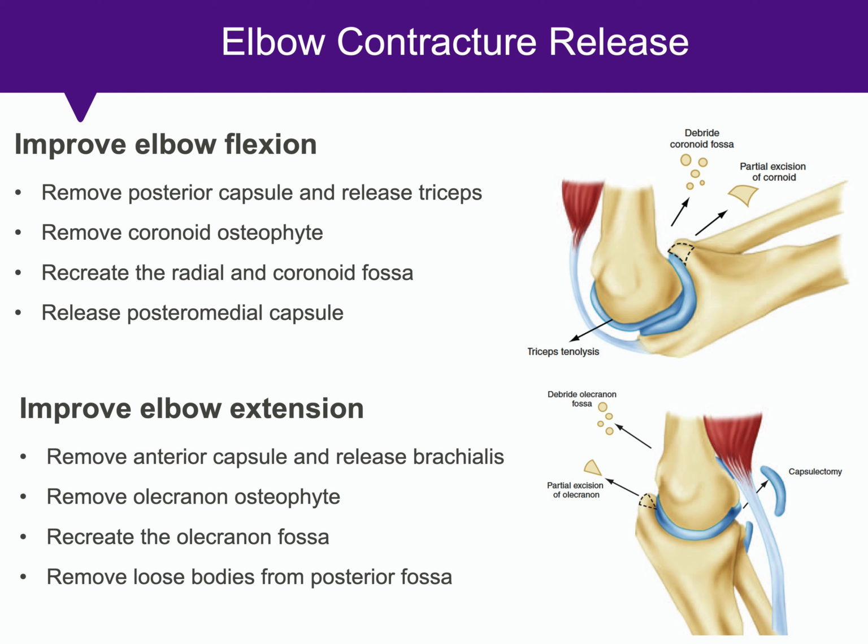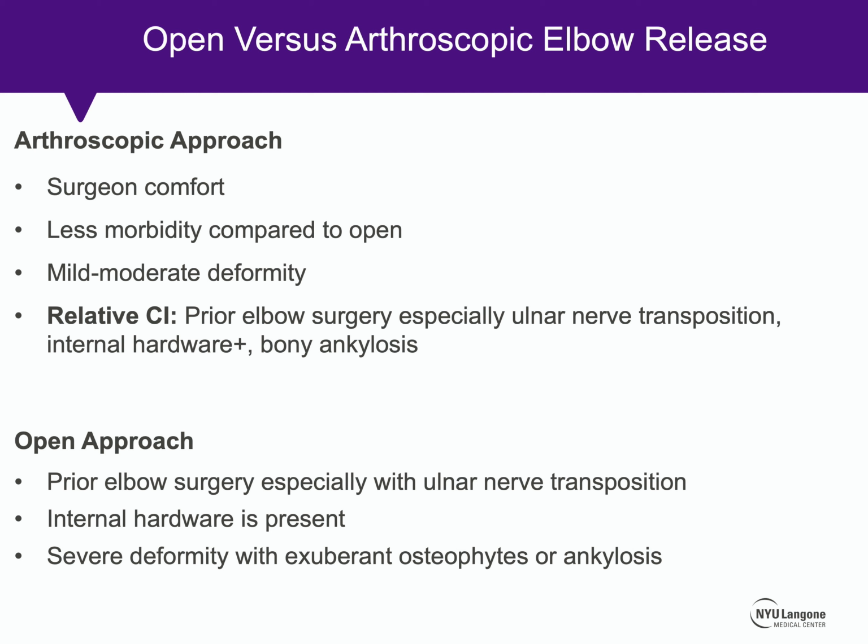So the elbow release can be done either open or arthroscopic or combined. Arthroscopic approach depends more on surgeon's comfort. Definitely it has less morbidity compared to open and is particularly suited for mild to moderate deformities, although experienced arthroscopists can do even severe deformities.